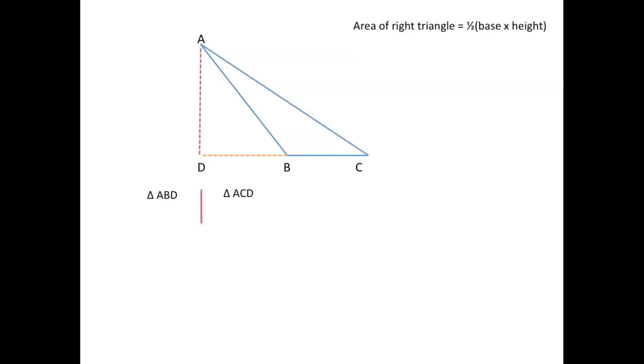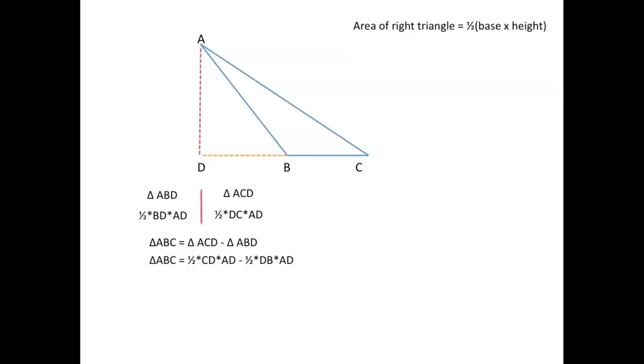So the area of triangle ABD is going to be half BD times AD, and the area of triangle ACD is going to be half BC times AD. And so the area of triangle ABC is going to be the area of triangle ACD minus the area of triangle ABD, which gives us half times CD times AD minus half times DB times AD.